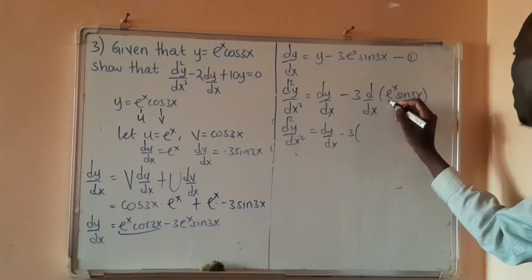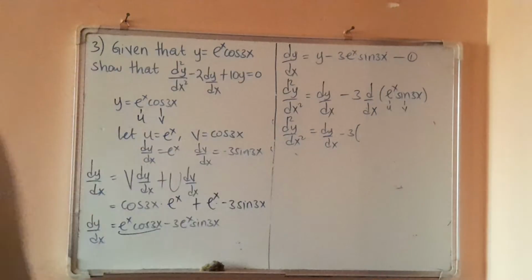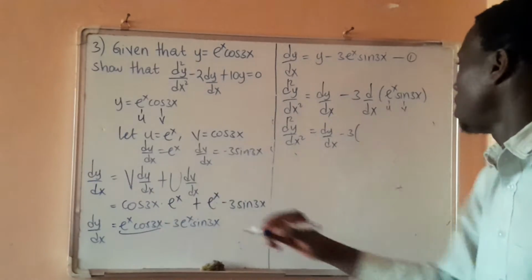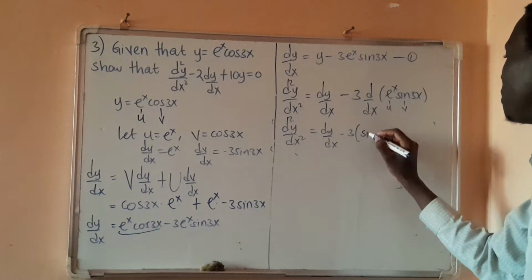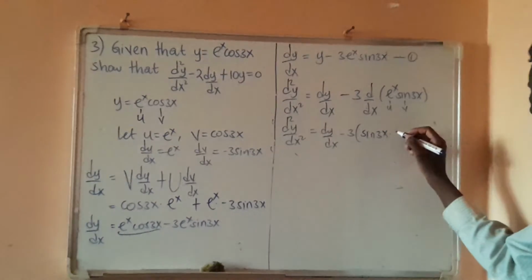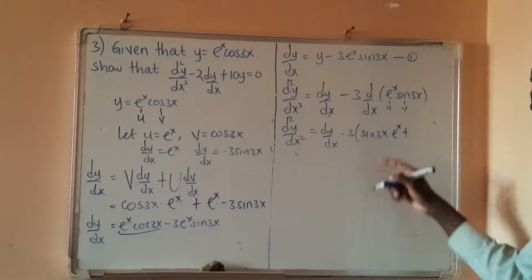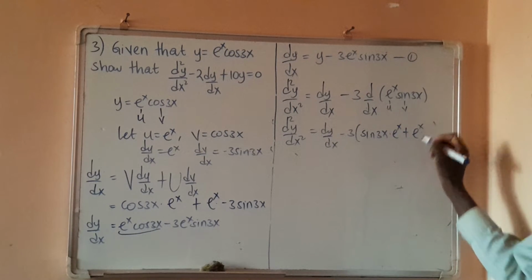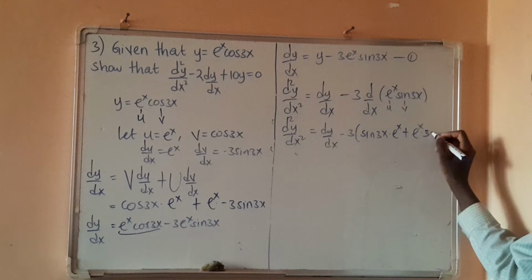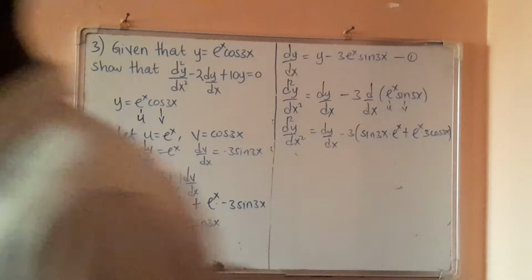Still product rule. We can call this u v. So substitute. The formula is here. V, which is sine 3x, multiplied with du dx, which is differentiate u, you get e to the x, then plus u, e to the x times dv dx, differentiate this v, you get 3 cos 3x.